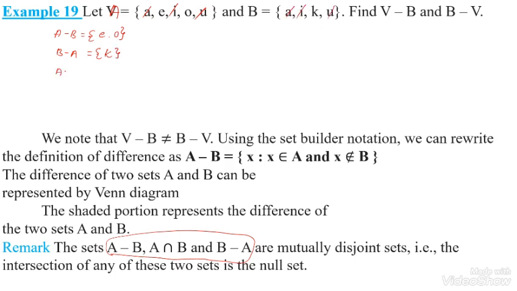Then A intersection B means I have to write the common elements. What are the common elements? A, I, U.